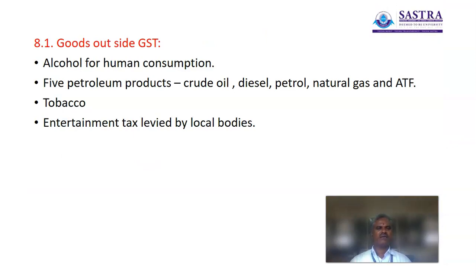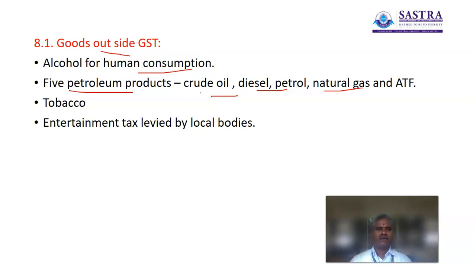Goods outside GST. What are the goods that are not under the GST purview? That means, what are the goods on which GST is not being charged now. Okay. Alcohol for human consumption, already we discussed. 5 petroleum products: crude oil, diesel, petrol, natural gas, and ATF, aviation turbine fuel.